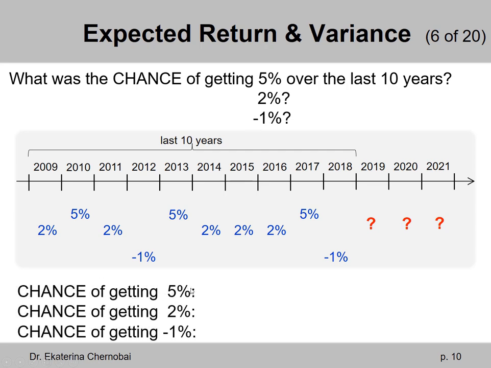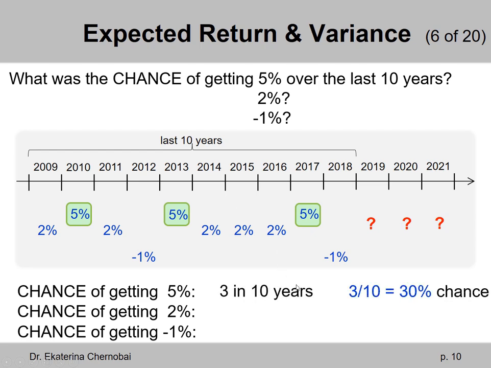The chance of getting 5%: that happened 3 times in 3 different years, in 3 out of 10 years. 3 out of 10 years equals 3 divided by 10, or 30%.